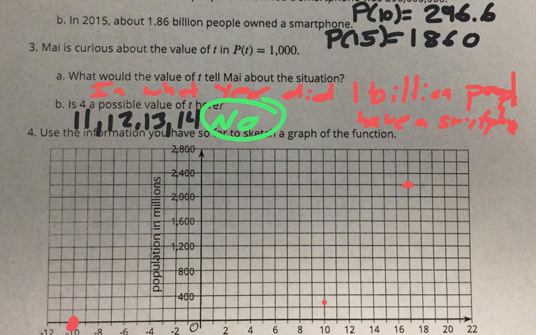At 15, we should be at 1860. So 15, 1860. Again, this line is 1800, so 1860 would just barely be above that. So I've got a general idea of what the graph looks like.